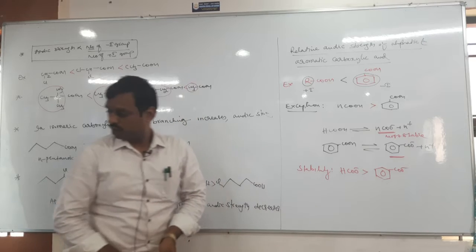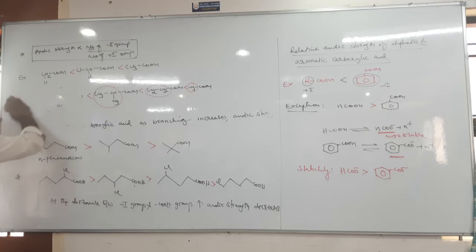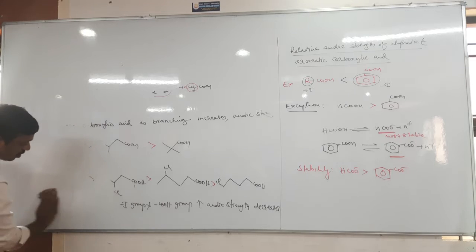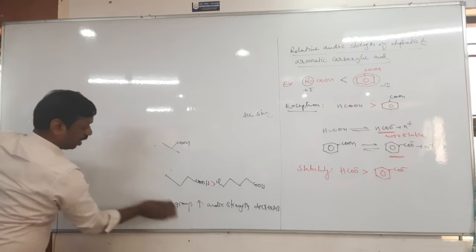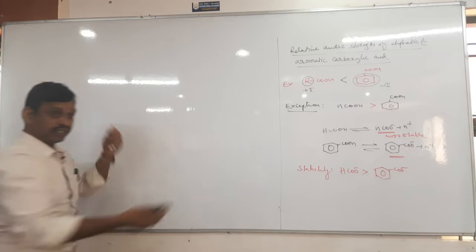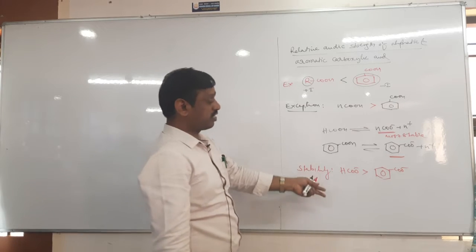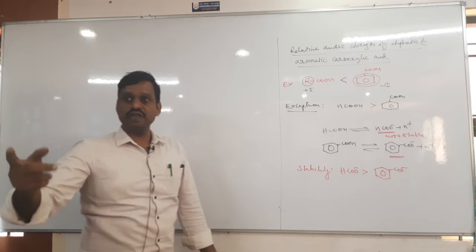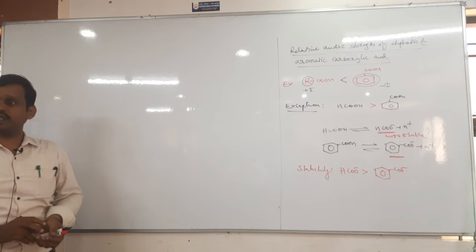Okay, so other than formic acid, for whatever aliphatic carboxylic acid comes, usually aromatic carboxylic acid, that is benzoic acid, is more acidic. Benzoic acid's acidic strength in detail we will study in mesomeric effect. To understand benzoic acid stability and acidic strength, we need to understand the mesomeric effect. Again the same concept comes in mesomeric effect, and there we will study it in detail. Okay, so this is how the relative acidic strength of carboxylic acids works.